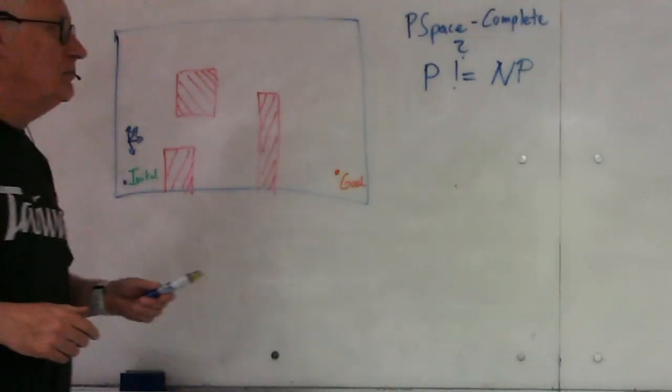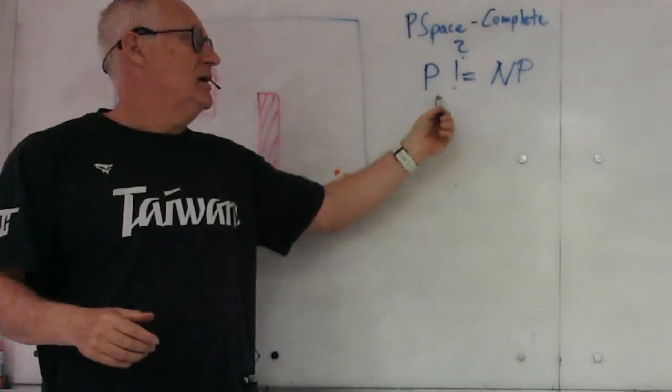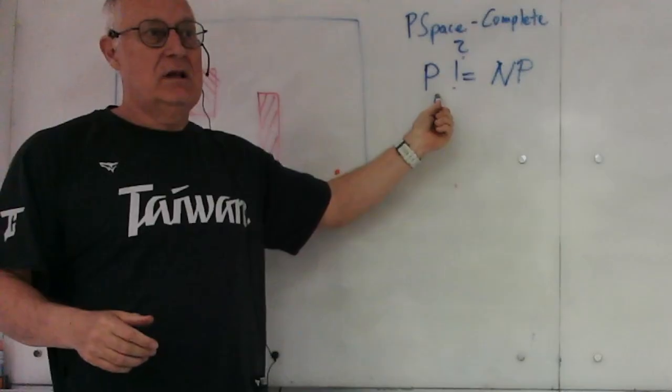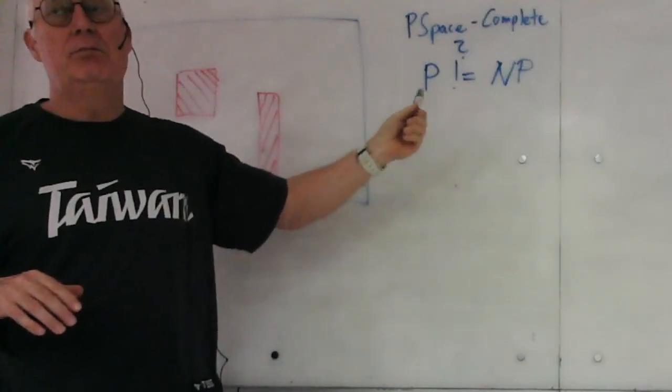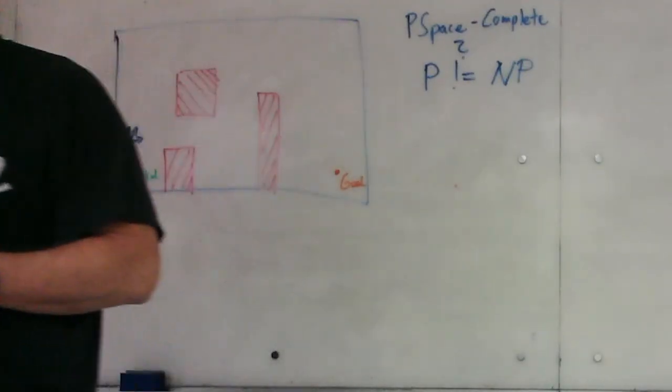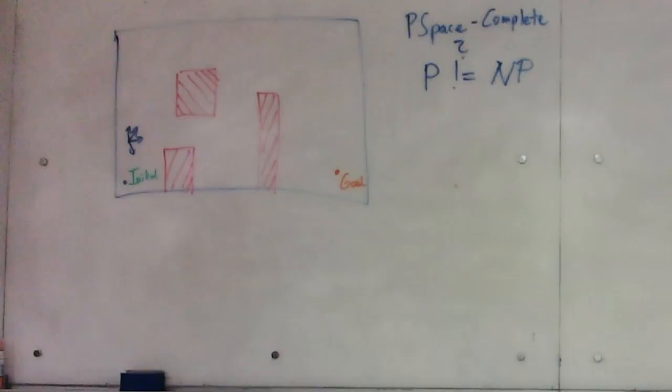Now, PSPACE, so P is the complexity class of problems where we can solve problems in polynomial time, which means that the runtime grows with some polynomial of the input size. So if your complexity class is n, that's linear.